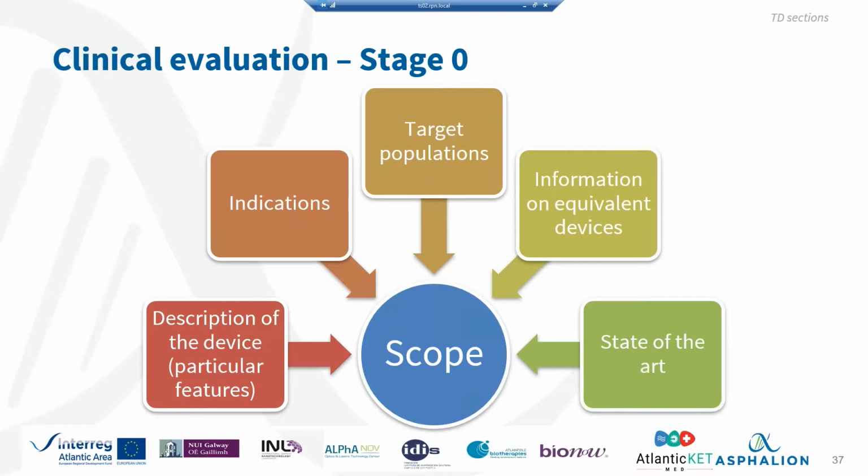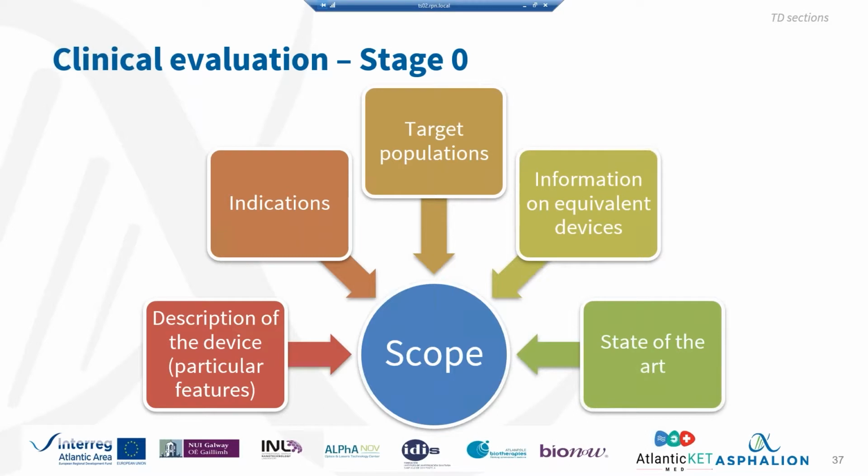Well, depending on the indications, you will have to demonstrate certain performance and certain lack of risks. It will depend a lot on the indication of your device. It's not the same developing software for diagnosis as software for aid in imaging. So obviously the risks are different and the benefits are also different. So you'll have to assess what the indications of your device are.